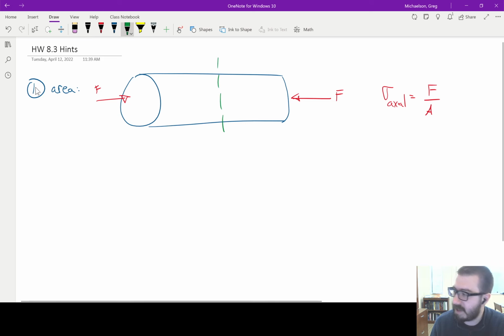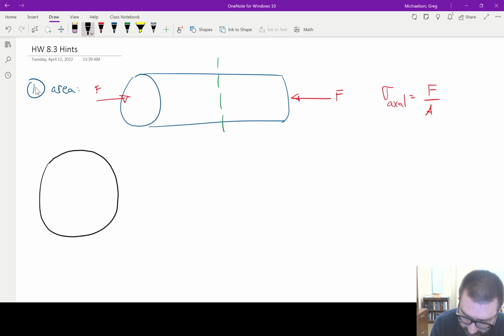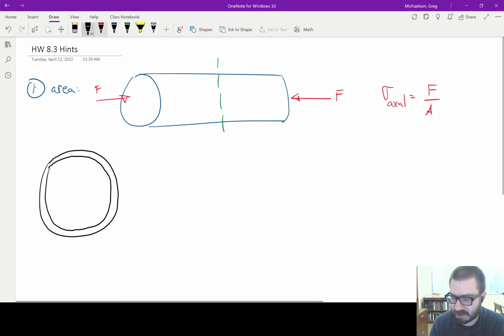If you cut a section through the vessel and look at the cross section, you're going to get this, right? And ultimately what you're interested in is determining that cross-sectional area.